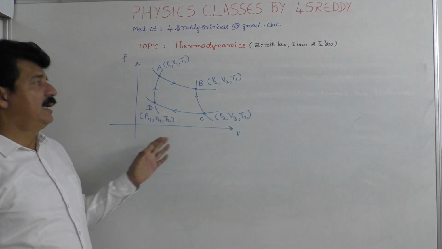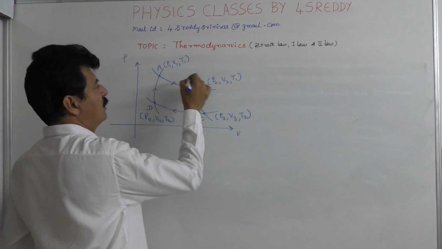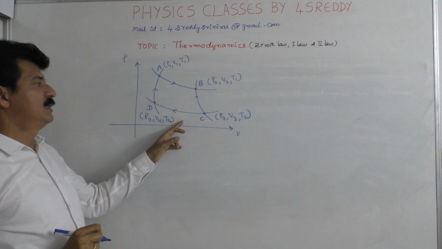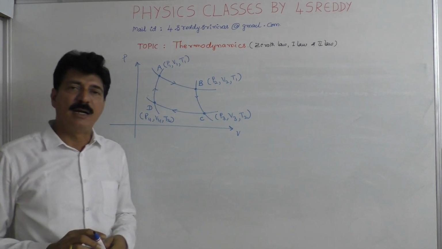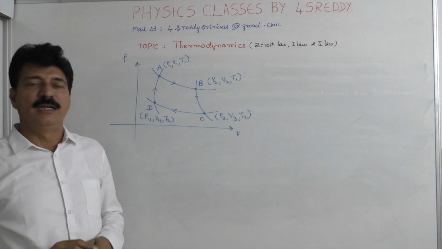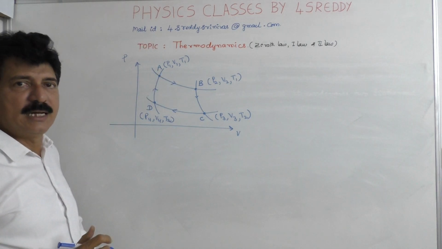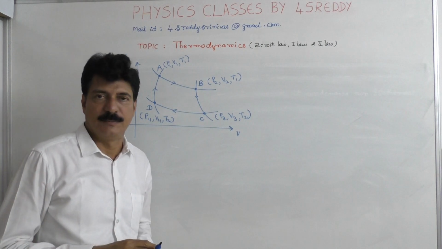This is a cyclic process which involves isothermal expansion, adiabatic expansion, the third one isothermal compression, and the fourth one adiabatic compression. In four stages, it again comes back to the initial state. So it is a reversible heat engine which comes back to its initial state.